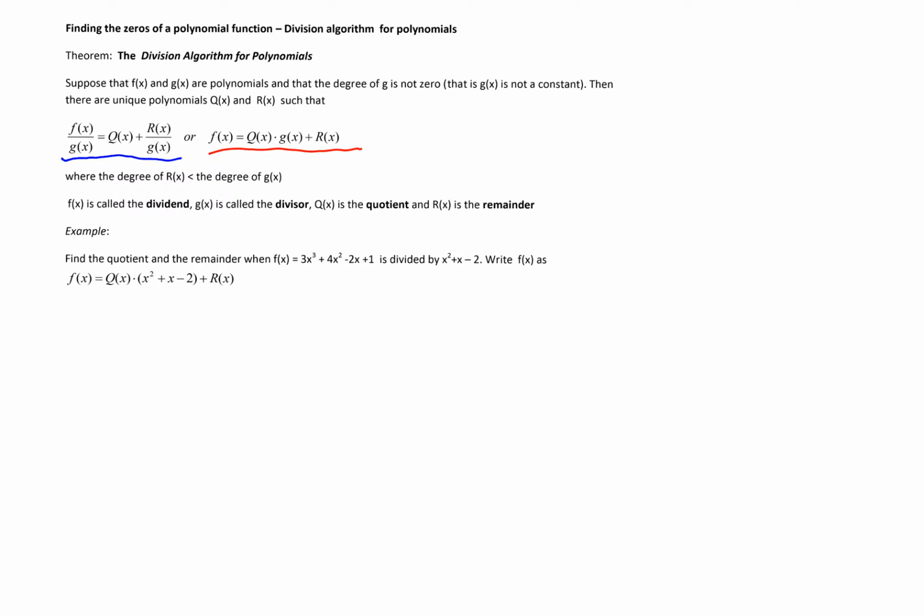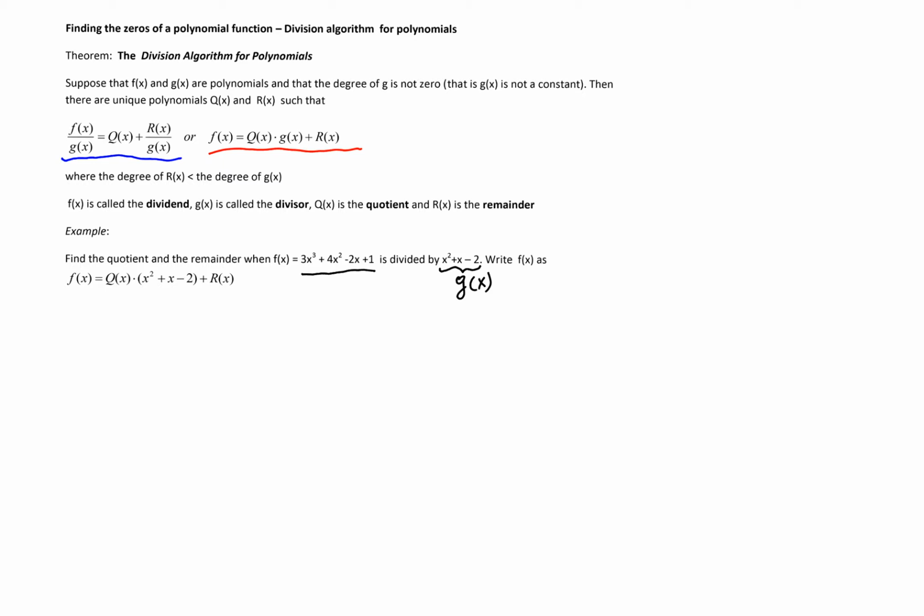So let's recall briefly how we divide two polynomials f of x and g of x. So we have the polynomial 3x cubed plus 4x squared minus 2x plus 1, and we want to divide this polynomial by x squared plus x minus 2, which will be our function g of x.